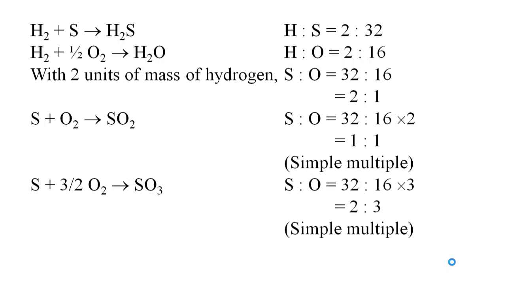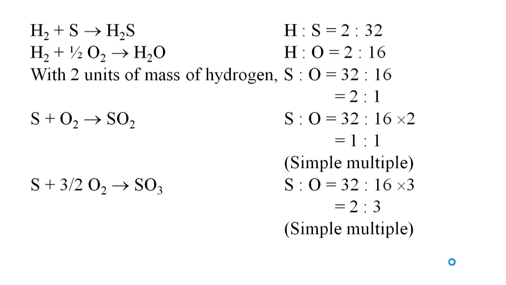So, with 2 units of mass of hydrogen, sulfur and oxygen combine in the ratio 32:16 or 2:1.